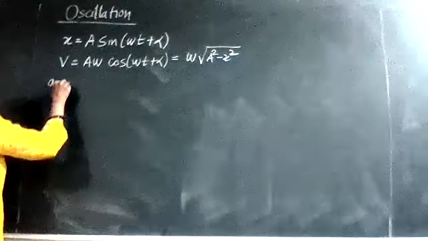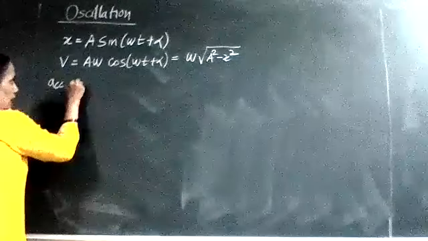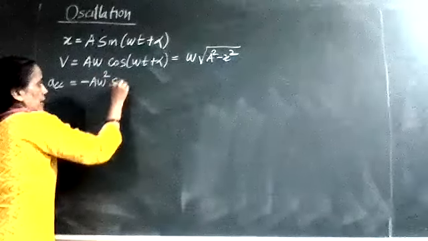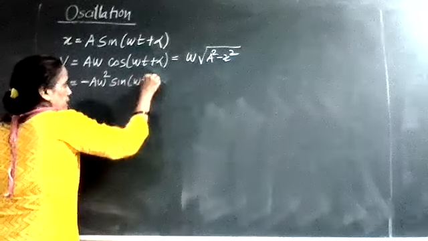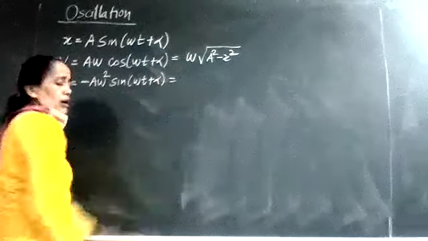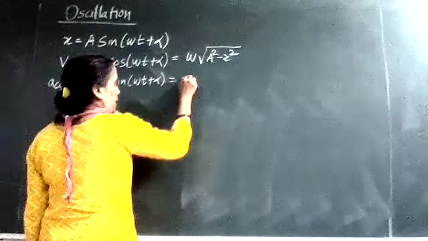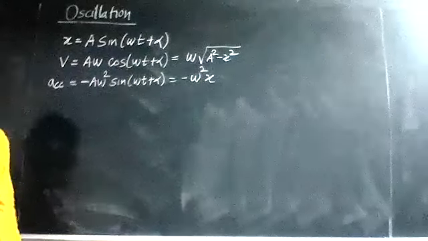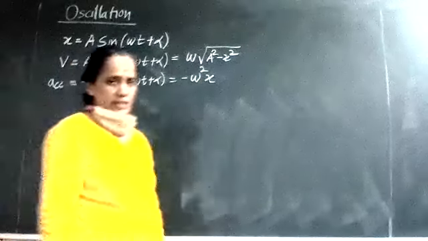Third equation is of acceleration. Acceleration is minus a omega square sine of omega t plus alpha, which can be written as minus omega square x. This we have already studied.